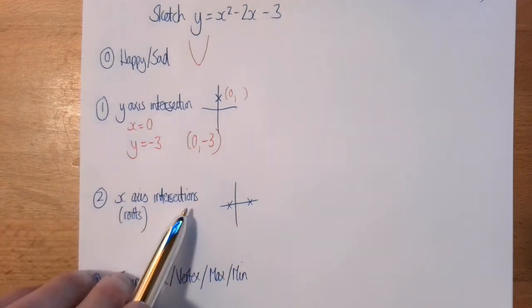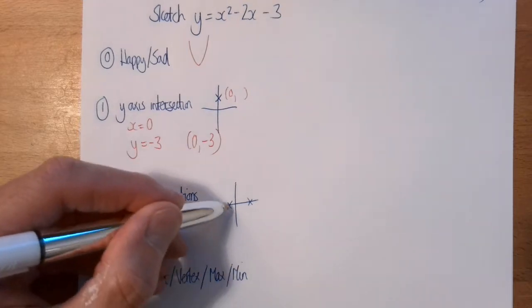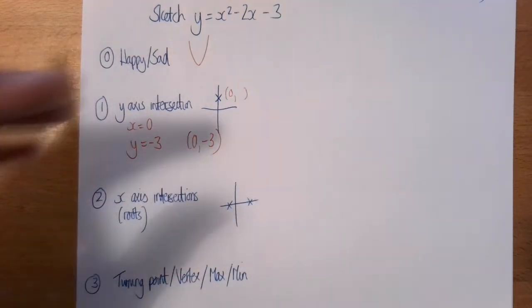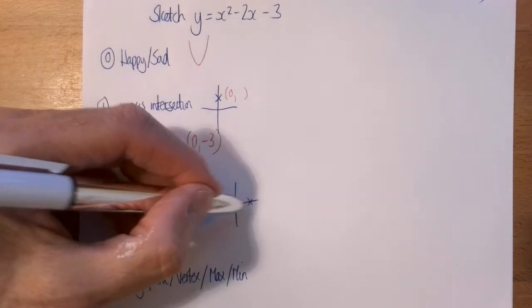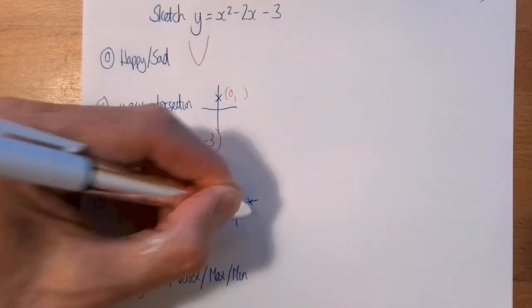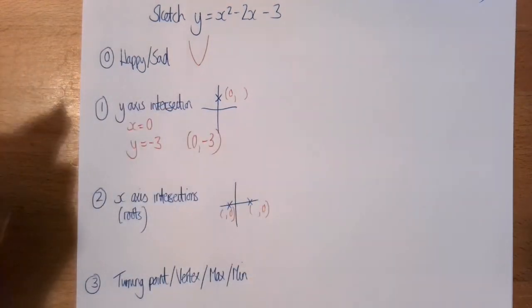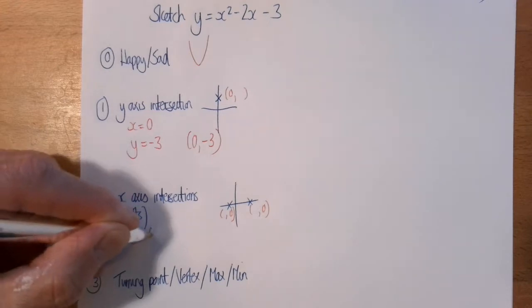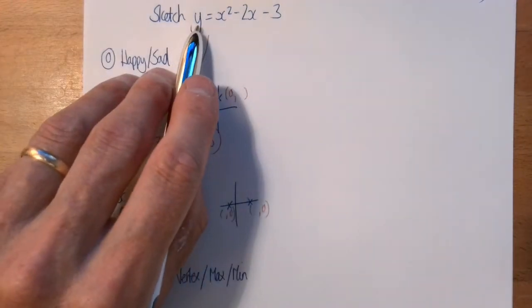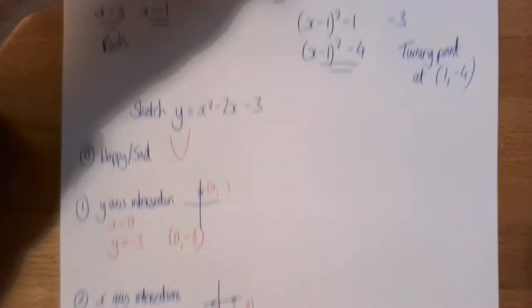Step 2, where does it cross the x-axis? These are referred to as roots. You can perhaps see why. It's where it sort of enters the ground, and we've already used that term, haven't we? These 2 points here, what they have in common is that y is equal to 0. So to solve that, we make y equal to 0, which means we're left with 0 equals x squared minus 2x minus 3, and we've solved that already up here, look.